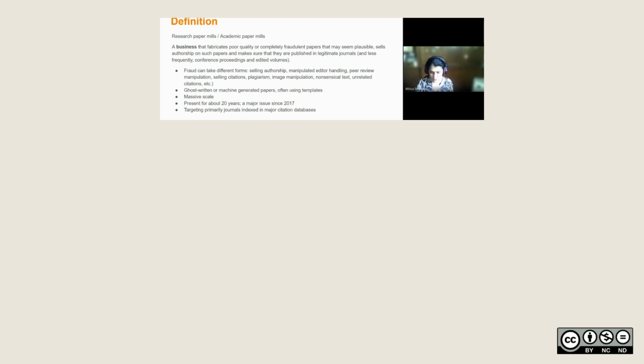People learned how to identify them and how to avoid them, and then this new model arose. What is typical of this new model is that it primarily targets well-established journals by reputable publishers, those listed in the indexes.